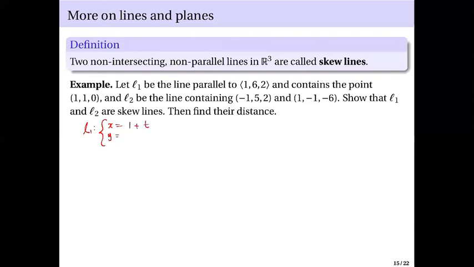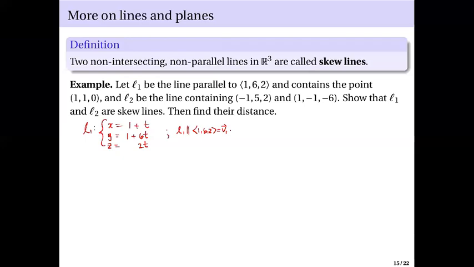For y, we have here 1 plus 6t. For z, you have 0 plus 2t. So let me just write this as 2t. This means that your L1 is parallel to the vector 1, 6, 2. And let me label this as your V1.